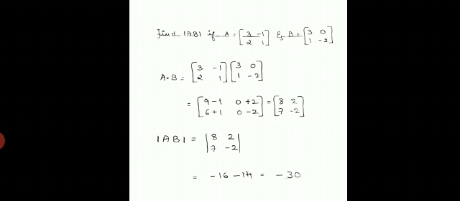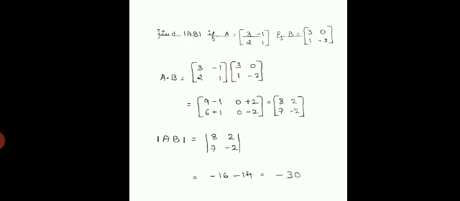Find the product first. They have asked to find the product. After that, you have to determine the determinant of the product. I think we have done this matrix multiplication in the previous class only. So you can try.